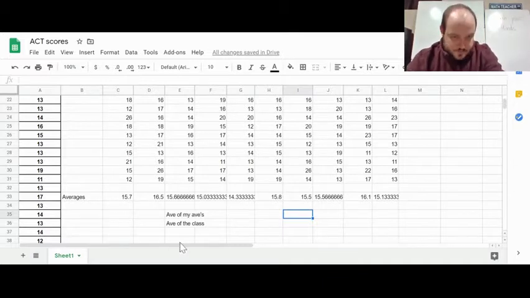Now, notice, a lot of these people got different averages, all right? So student A got 15.7, student B got 16.5, we had a 15.6, 15.03, 14, 15, 15, 15, 16, 15. Now, it may seem odd, like if these were grabbing from the same group of 92, why'd they all get different means?